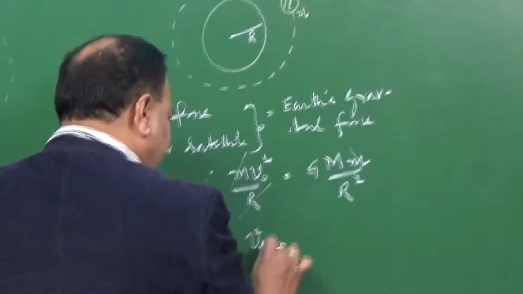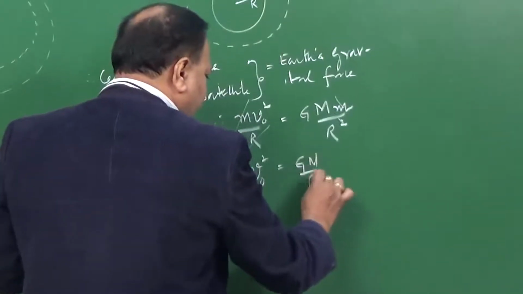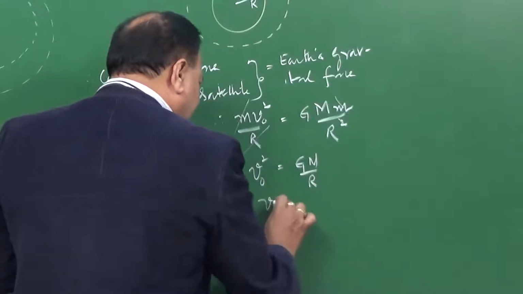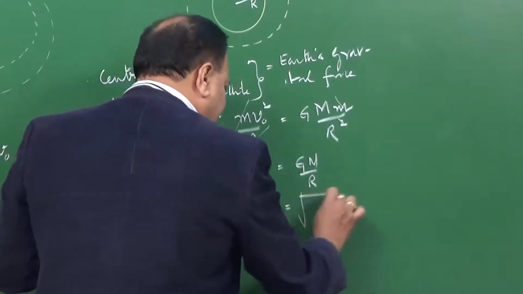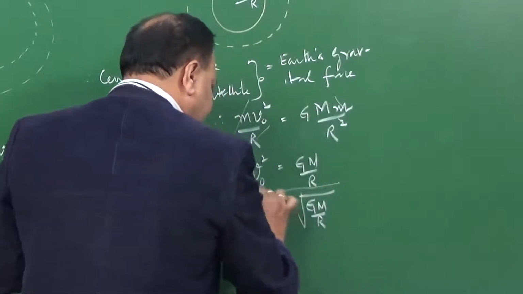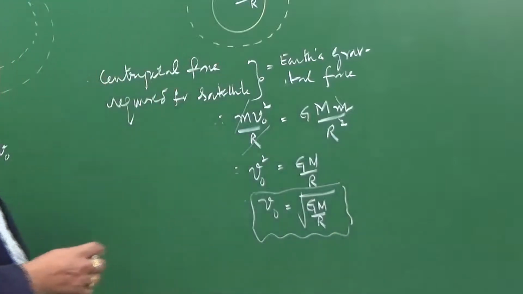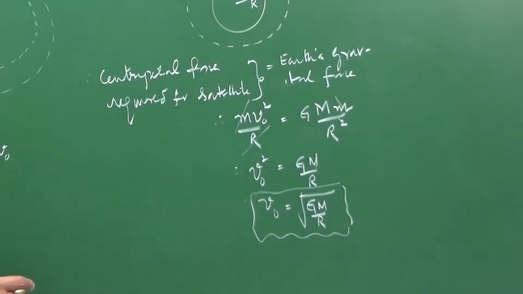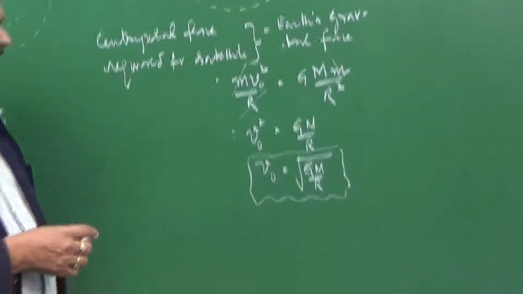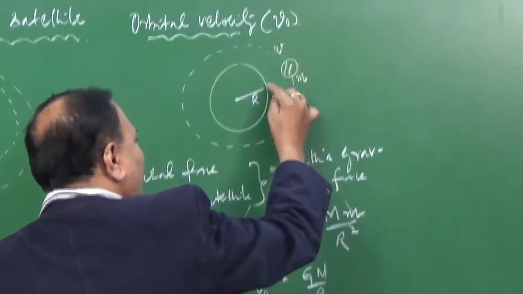Therefore, your v0 square is equal to GM divided by r. What you want is orbital velocity. Your orbital velocity is given by root of GM by r. This is the very, very important expression for the orbital velocity when the satellite is very close to Earth.